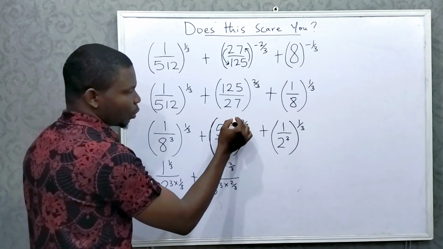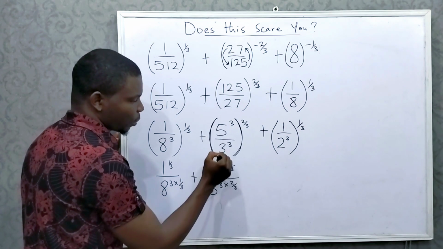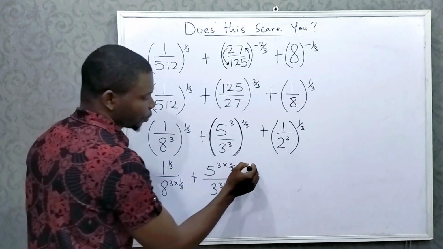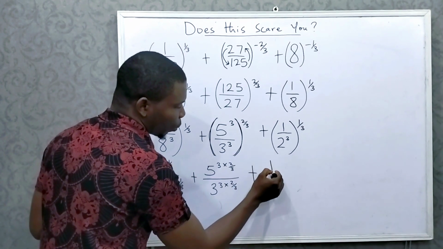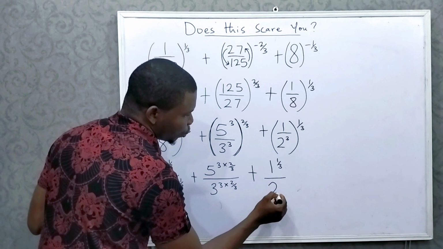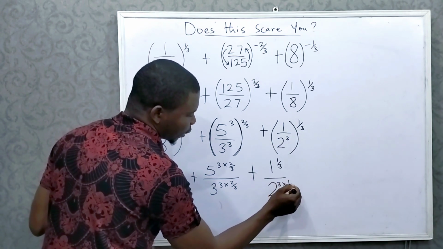Why is this power for both the numerator and the denominator? Because of this bracket. You can see this bracket encloses both the numerator and the denominator, okay? Then plus 1 raised to power 1 over 3 over 2 raised to power 3 times 1 over 3.